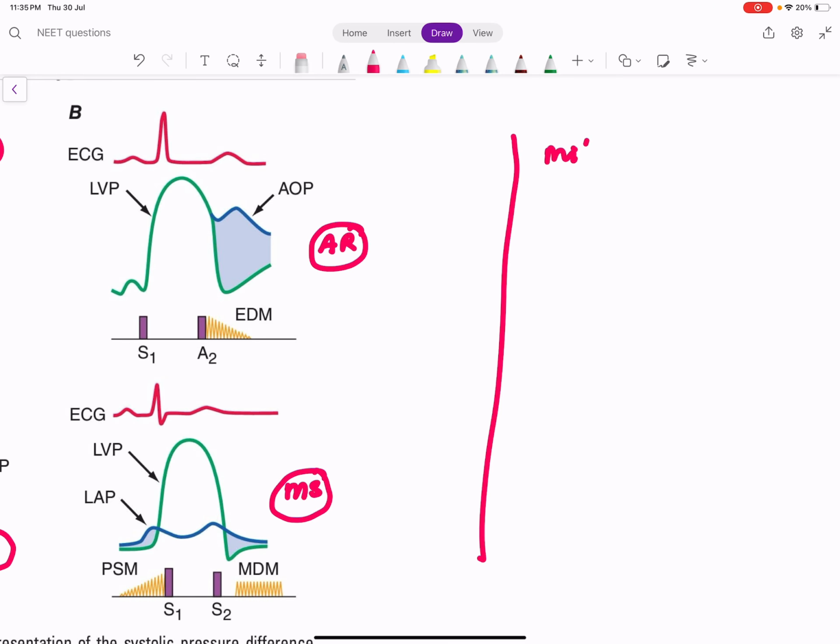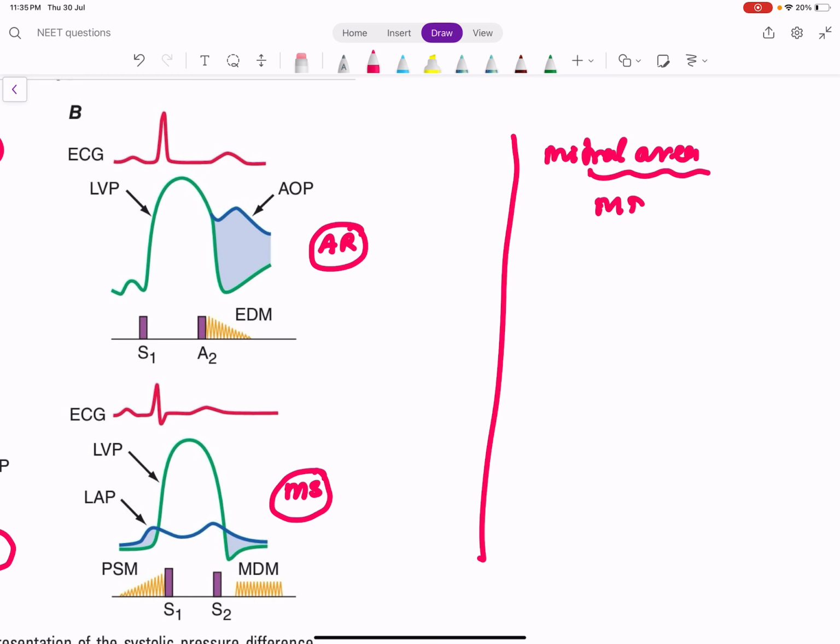In the mitral area, we commonly hear only two murmurs. Either a diastolic murmur, which could be mid-diastolic, or a systolic murmur, which could be pansystolic. If we hear a mid-diastolic murmur, the diagnosis is mitral stenosis. If we hear a pansystolic murmur, the diagnosis is mitral regurgitation.